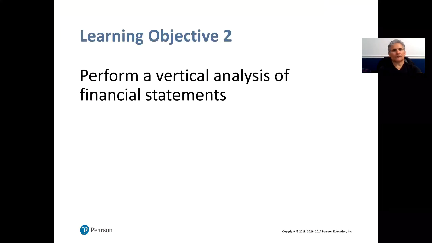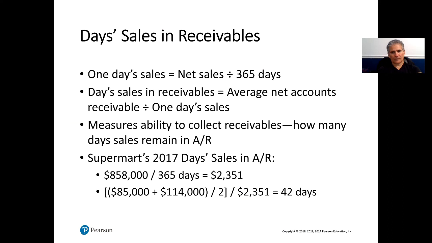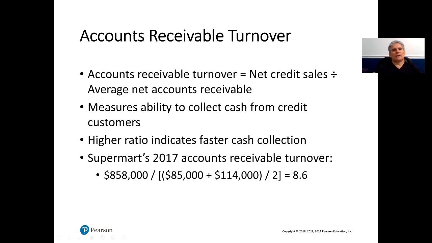Let's see what they got. There it is. Accounts receivable turnover, 858,000, divided by the average, which we learned how to do, comes up with 8.6. Now, the 8.6, just as a measure of receivables, the higher the ratio, or the higher the number, indicates faster cash collections.